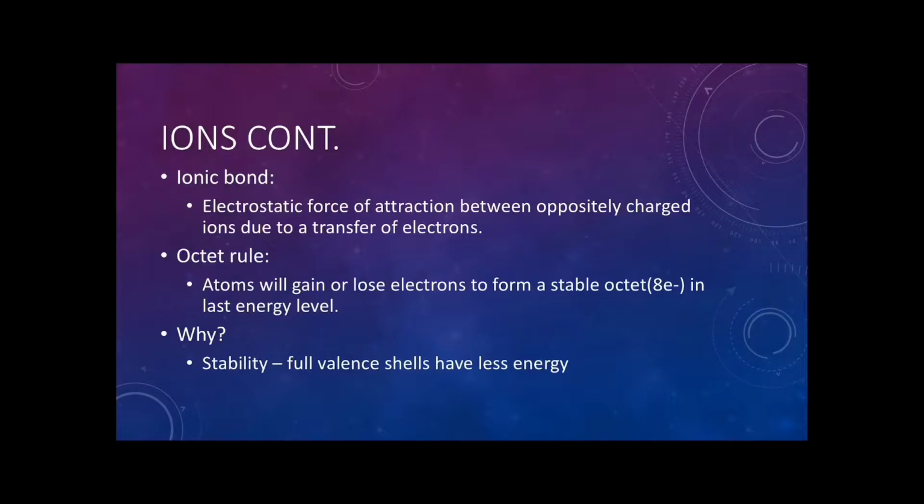Another thing we need to know is the octet rule. This is when atoms gain or lose electrons so that they can form what we call a stable octet, which means they have 8 electrons in their last energy level or their valence shell.